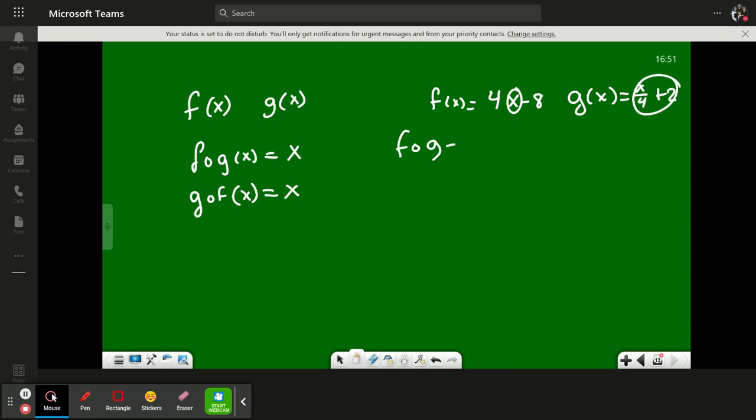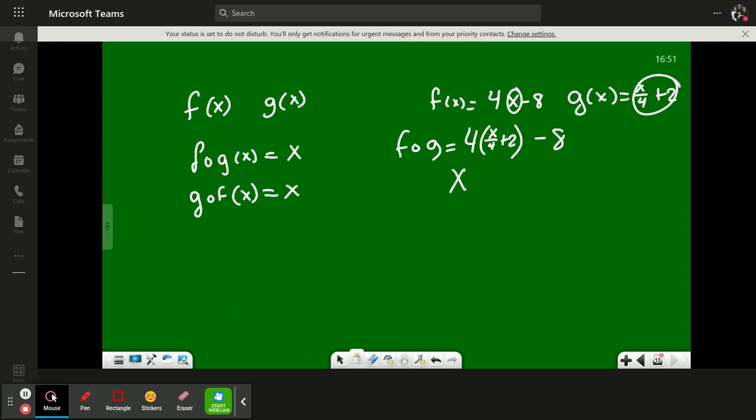So I'm going to say 4 times (x divided by 4 plus 2) minus 8. Distribute that 4. What am I going to get for 4 times x divided by 4? x.